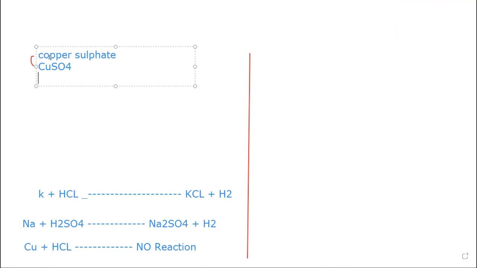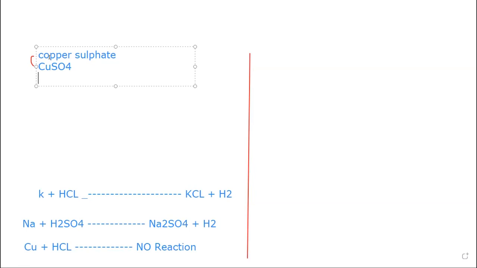So the compound is a chemical substance which consists of 2 or more elements combined with each other. I can say that copper sulfate is a compound, and this compound consists of 3 types of elements: copper, sulfur, and oxygen.